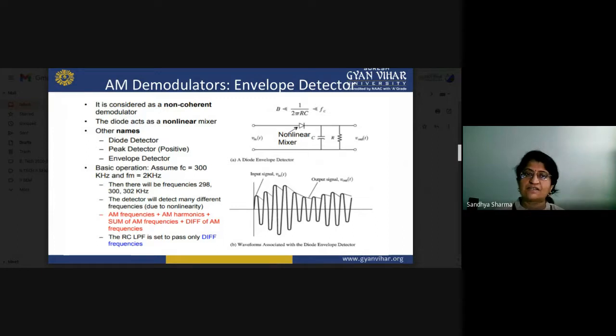This is the basic method, the basic demodulators, which we use in our amplitude modulation system. The AM frequencies are in a range with frequencies of 298, 300 and 302 kilohertz. These are the basic operating frequency ranges.